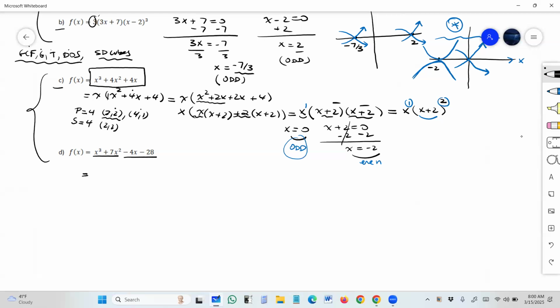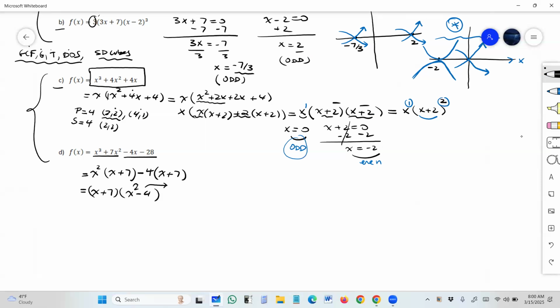Out of the first group, I can factor an x squared. I have x plus 7. The minus goes right here. Out of the second group, I factor a 4. Also get x plus 7. I see that x plus 7 is a common factor, so I factor that. I end up with x squared minus 4 as my second term.